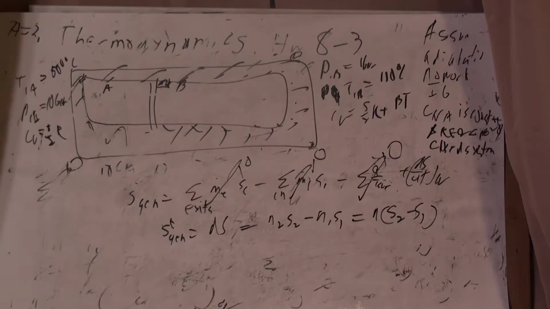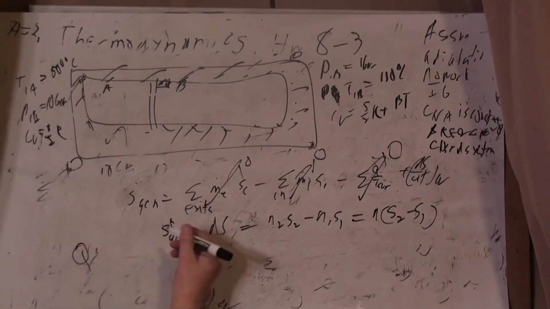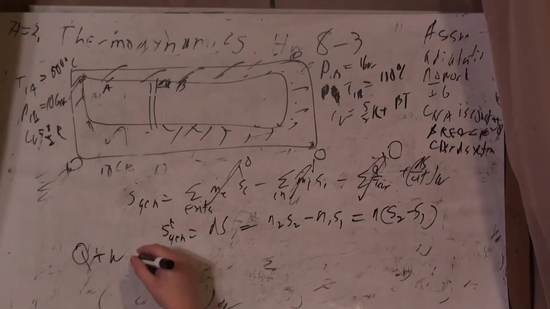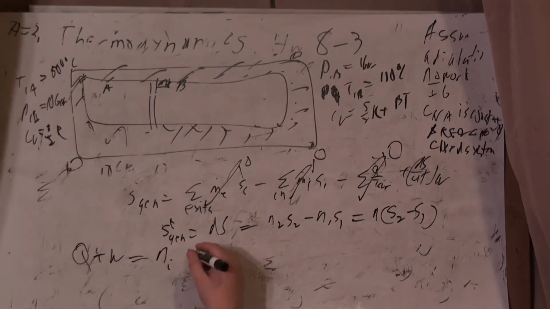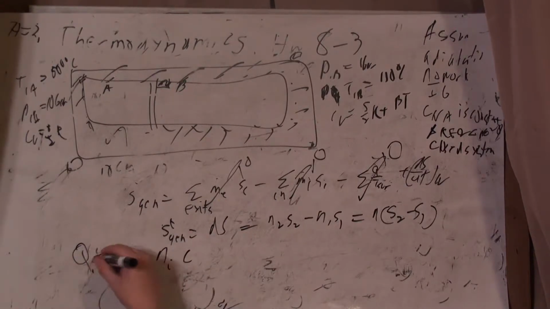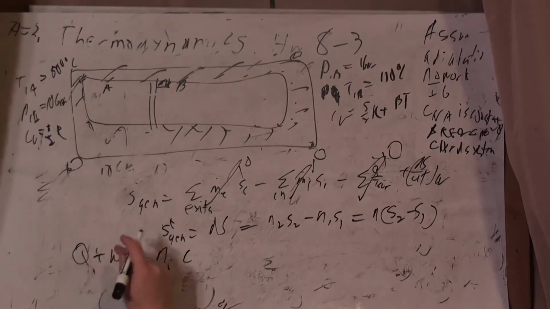And so our energy, mass balance will still be the same. I'm not going to go through all the steps of the energy balance, but how the energy balance would simplify is for each system you would have Q plus work equals the moles of the system. The heat and the work are going to be exactly the same, they're just going to have different signs.